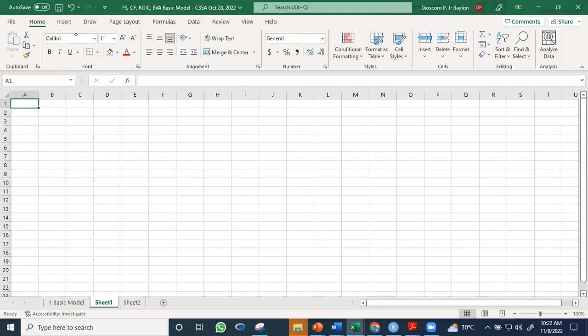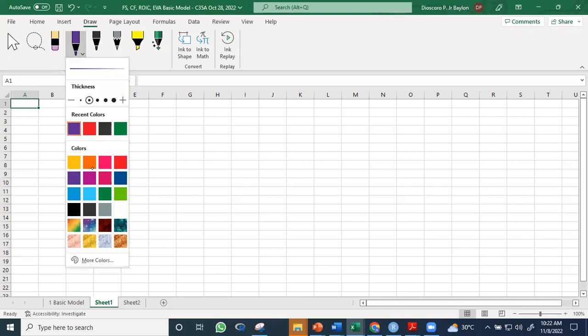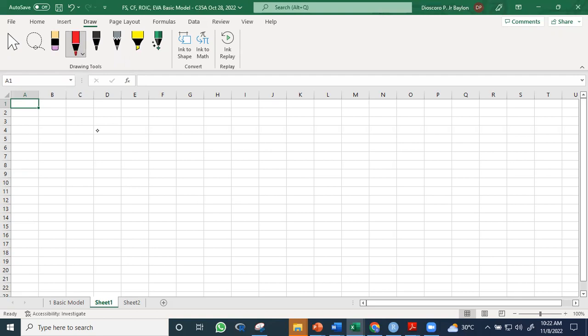All right, so let me write here. Let's generalize our rule. If we're taking a look at, it's either the assets, and on the other hand, this is liabilities and equity.